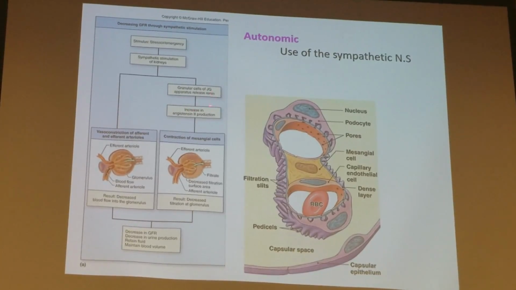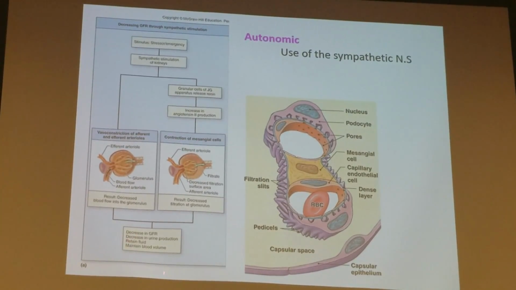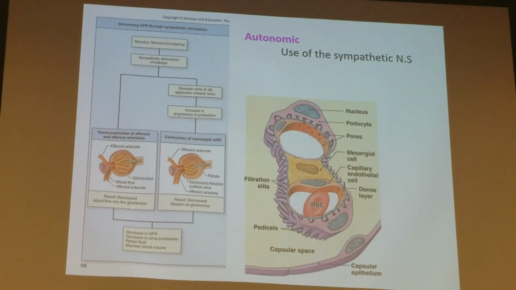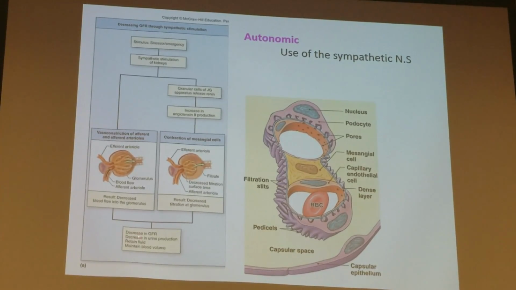We're not going to worry about this side over here. We're only going to be doing the right side, anatomical right side, dealing with vasoconstriction of the afferent and efferent arteriole. The result is decreased blood flow into glomerulus. That means decreased GFR, and we have now conserved our blood volume.